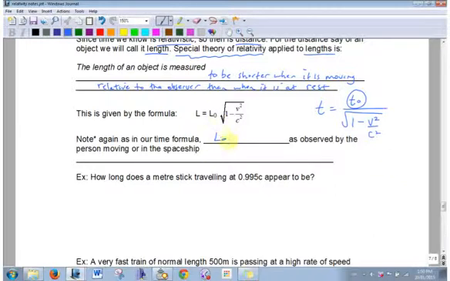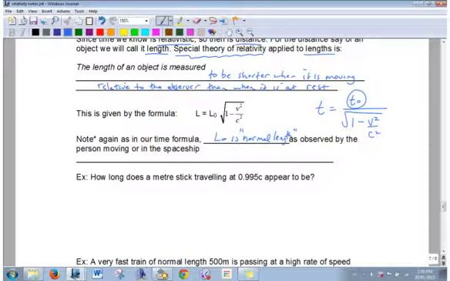L0 is, now I'm going to say the normal length. Meaning if this object is in the spaceship with this guy traveling, he's just going to see the same thing, right? Because according to him, he's not moving at all. It's everything else that's moving.